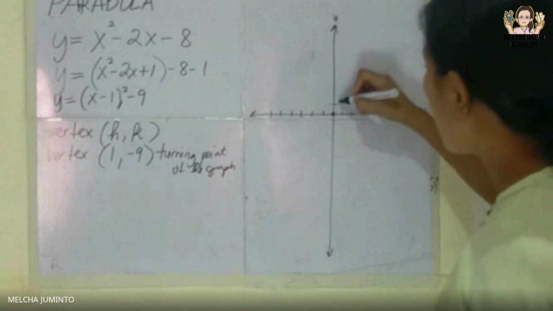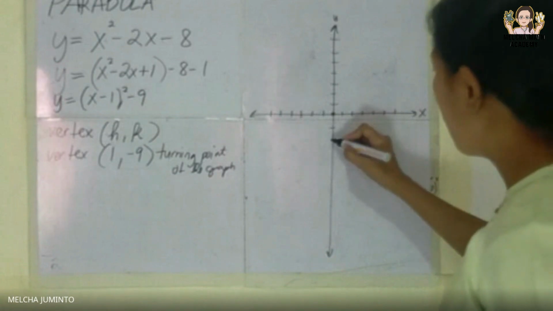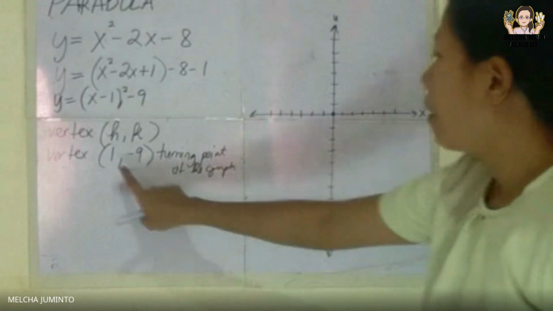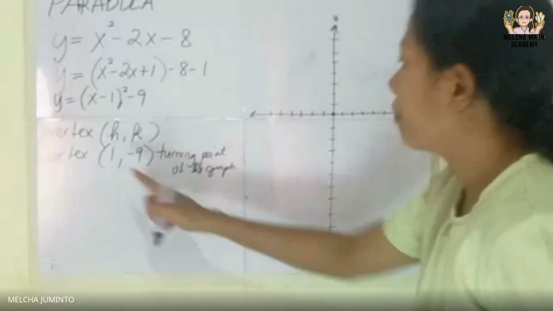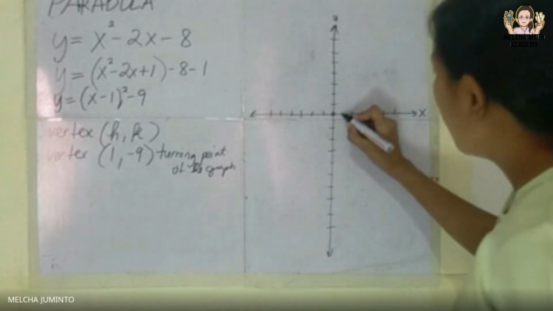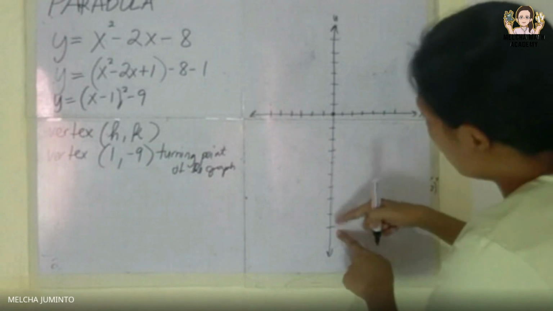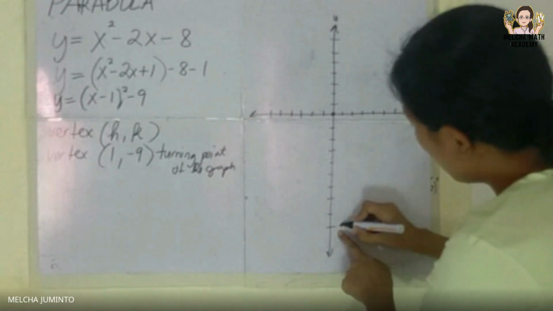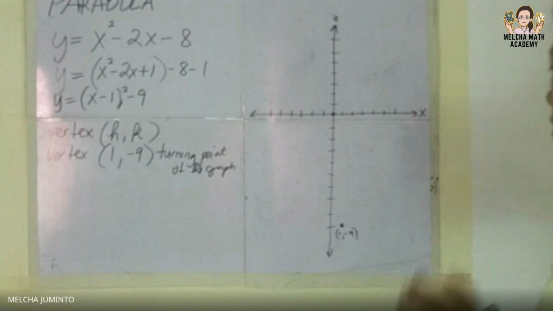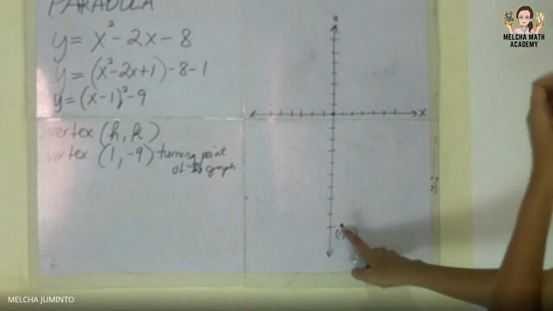Above the origin, positive numbers, then below, negative. Locate 1, negative 9. Take note, 1 is x and negative 9 is y. 1, 2, 3, 4, 5, 6, 7, 8, 9. So this is the point (1, negative 9).